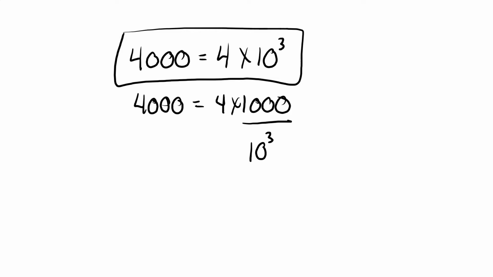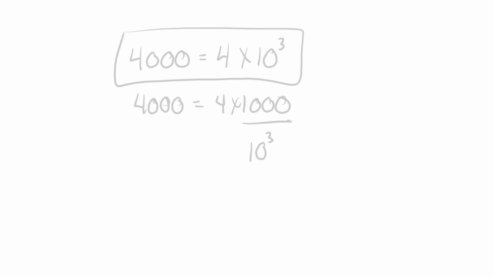Now, what happens when we've got a number that's smaller than 1? Supposing we've got a number like 0.12. What's that going to be in scientific notation? The process is almost exactly the same. We start off by putting in the first single digit, the 1, a decimal, and then the remaining digits. In this case, there's only one more digit, so it's a 2. We're going to multiply that by 10 to some exponent.